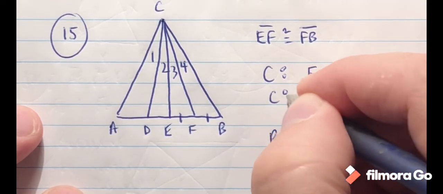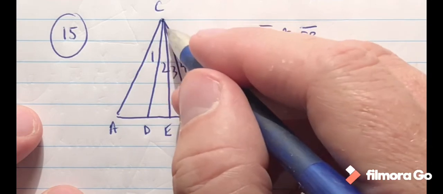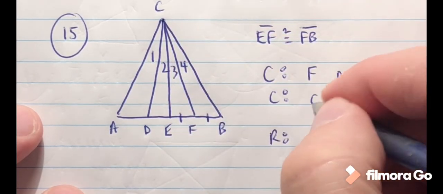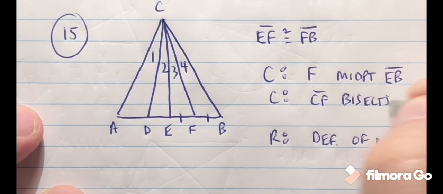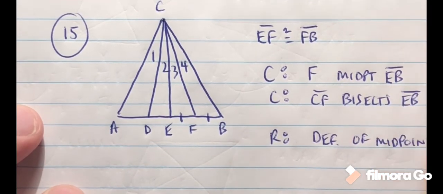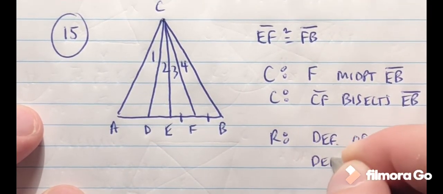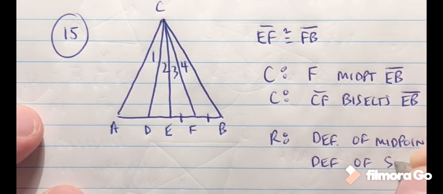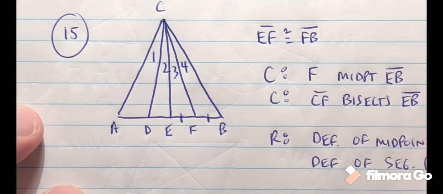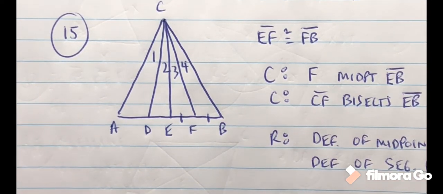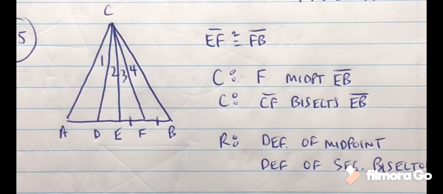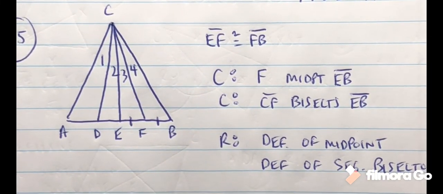I could also say that CF bisects EB, and that would be the definition of a segment bisector. So both possibilities, you would only have to make one of those statements and only have one of those reasons for number 15.